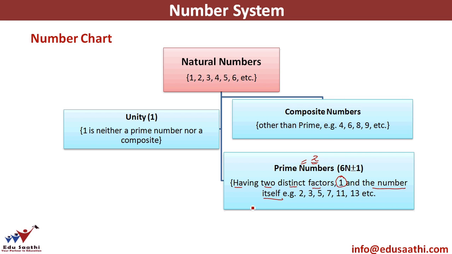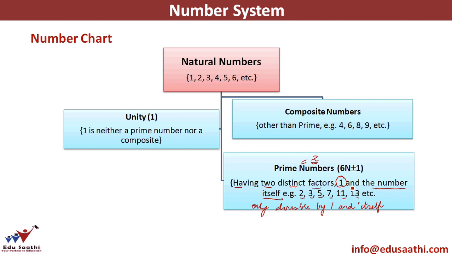That means a prime number is only divisible by 1 and itself. It is not divisible by other numbers. Examples are 2, 3, 5, 7, 11, 13, 17, 19 and so on. All the numbers which are only divisible by two numbers, 1 and the number itself, are known as prime numbers.